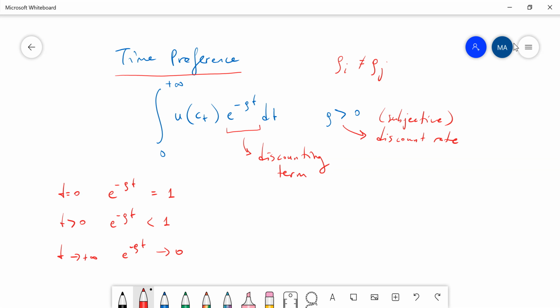Because if this was a monetary problem, and I will show you in a moment how this can be translated into a monetary problem, then the resource, the cake, or my wealth, let's say, my stock of assets, if I do not consume them, I can put them into a bank account for some interest income.